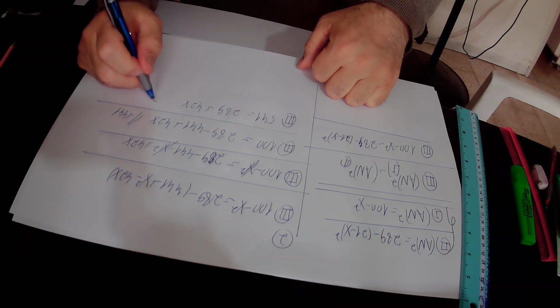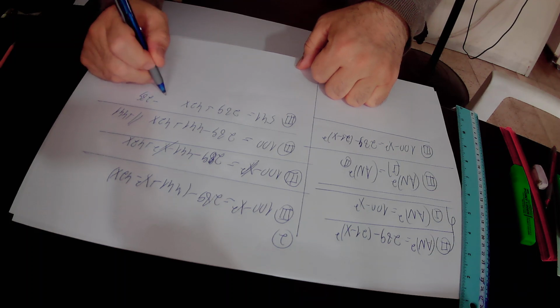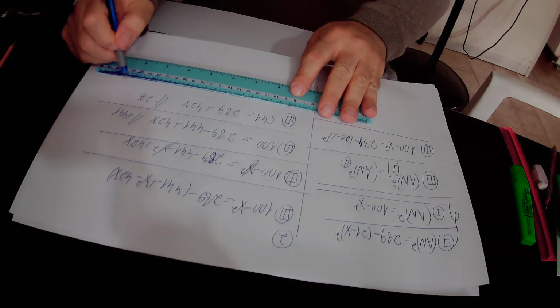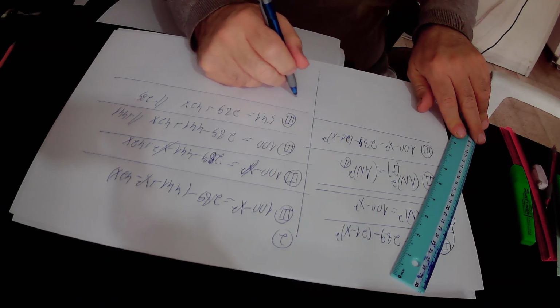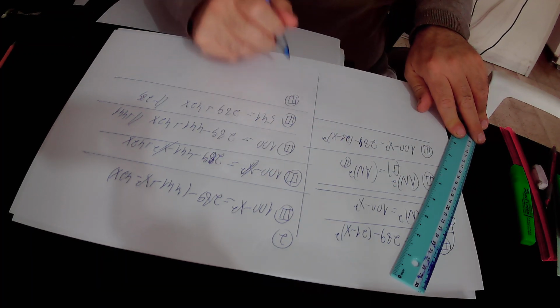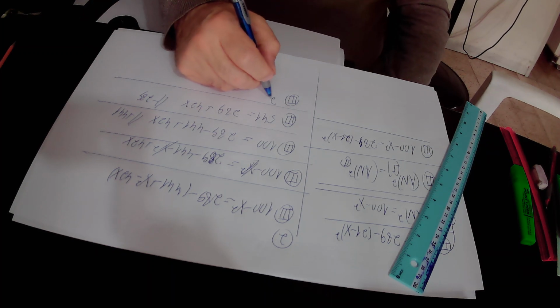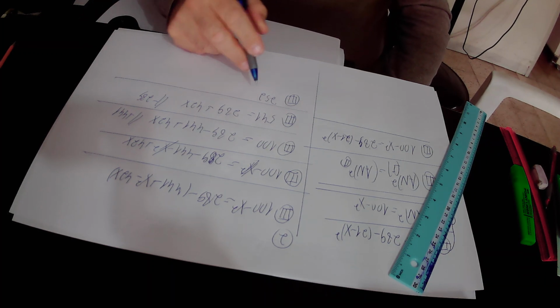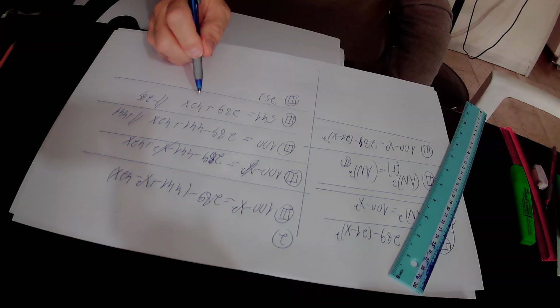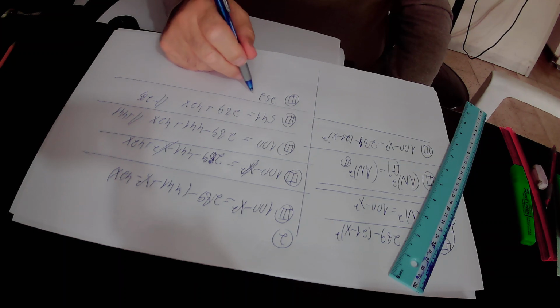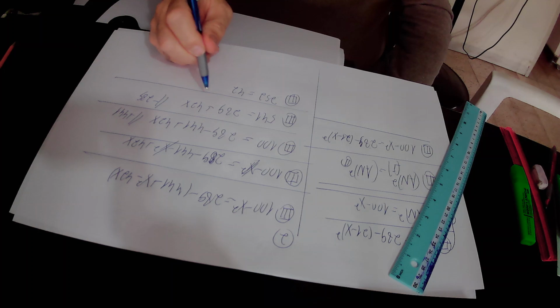Here we subtract 289 from equation 3, and we get 541 minus 289 equals 252. So on this side of the equation we are left only with 252, and on the other side we are left only with 42x.